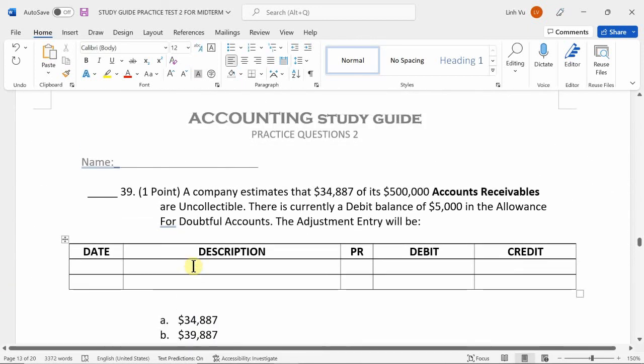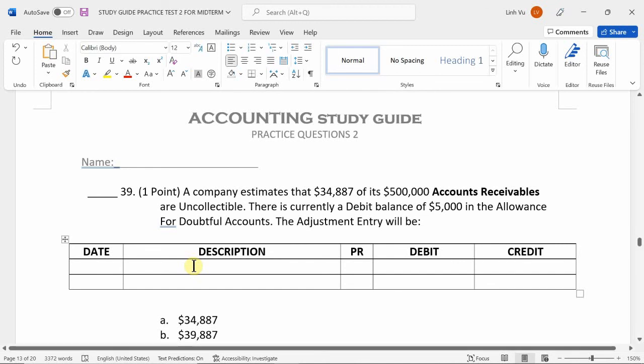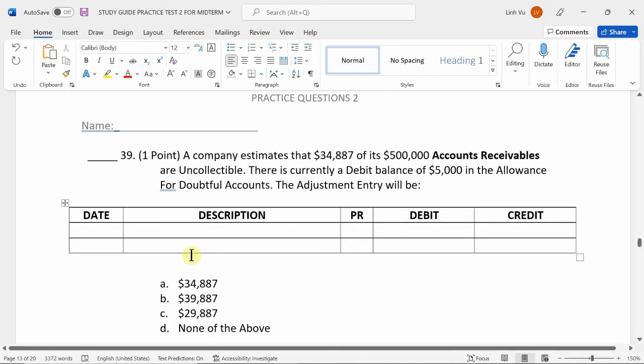Number 39, if a company estimates that $34,887 of its $500,000 accounts receivable is to be uncollectible, and there's currently a debit balance of $5,000 in the allowance for doubtful accounts, the adjustment entry will be.